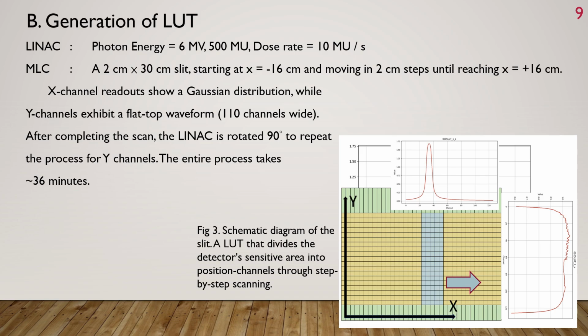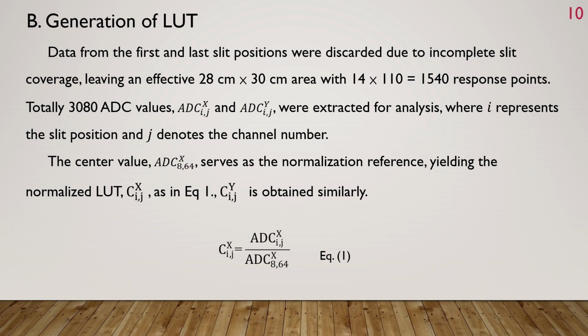After completing the X scan, the LINAC was rotated 90 degrees and the same process was repeated for the Y direction. The entire process took approximately 36 minutes. The first and last slit positions were discarded due to incomplete slit coverage, leaving a 28 by 30 cm area with 1530 response points.